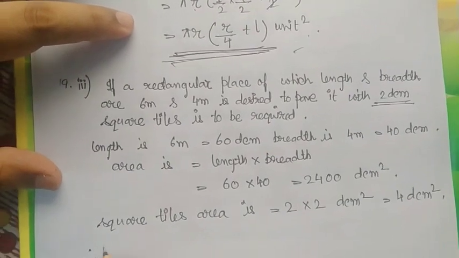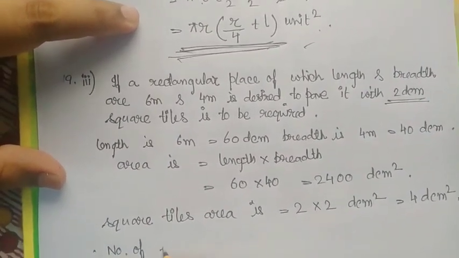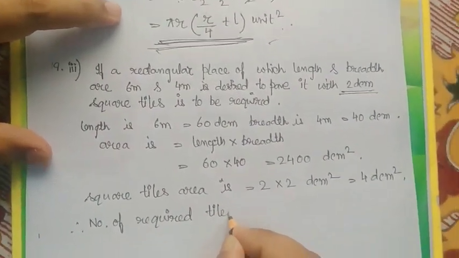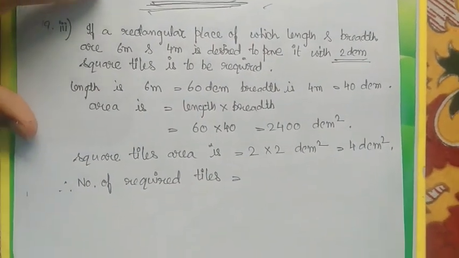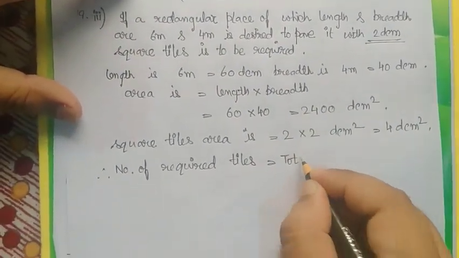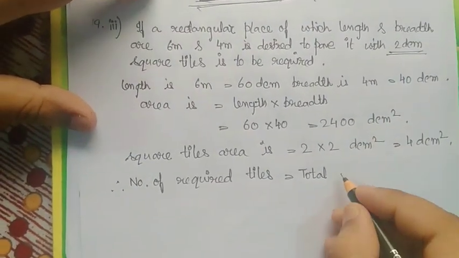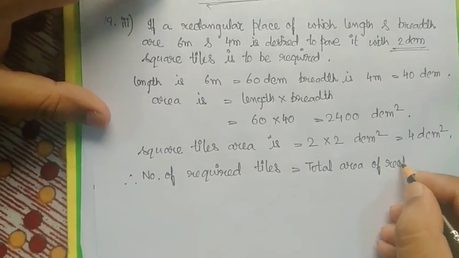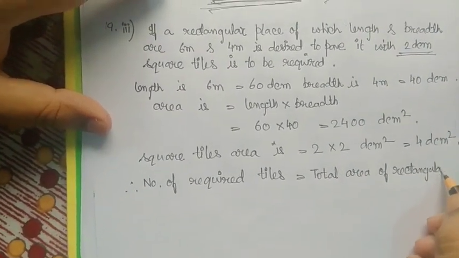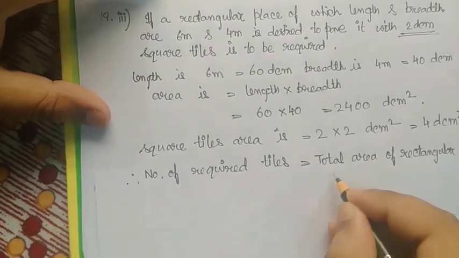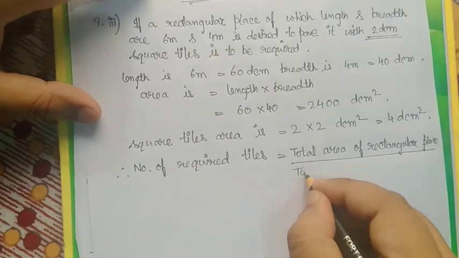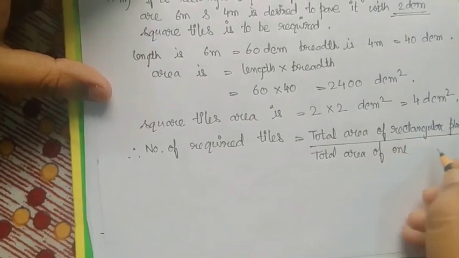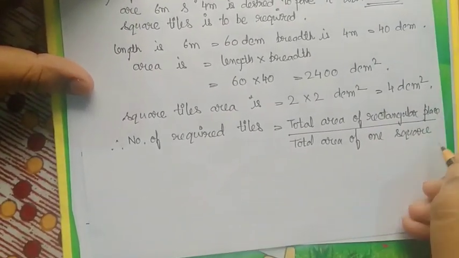So therefore number of required tiles equal to total area of rectangular place by total area of one square tile.